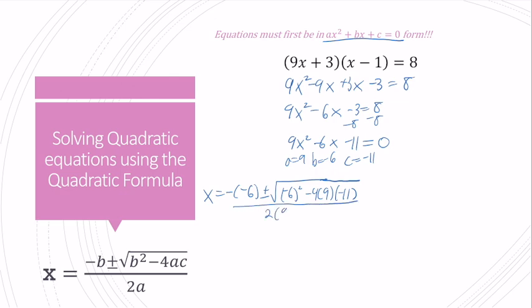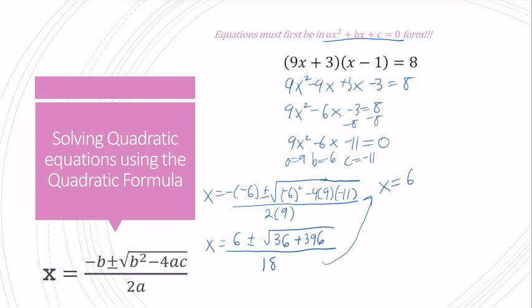So x is a positive 6 plus or minus the square root of 36 plus 396 all over 2 times 9, which is 18. So I have that x equals 6 plus or minus the square root of 432 all over 18.